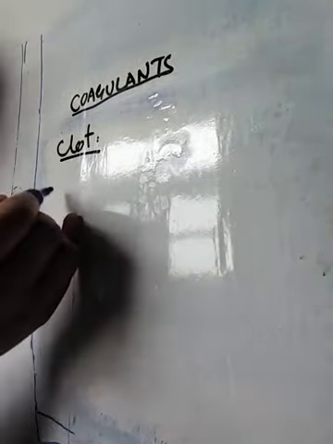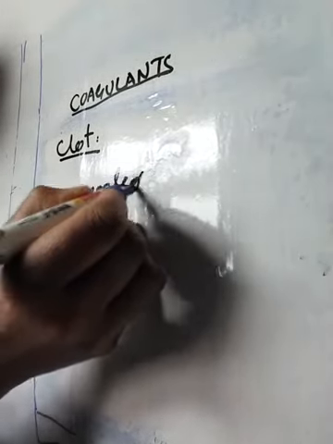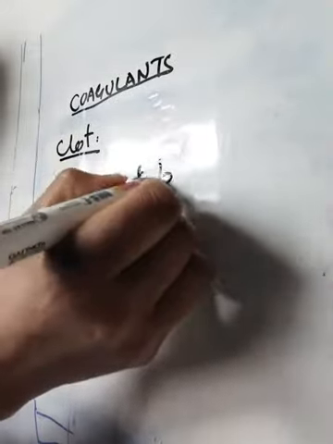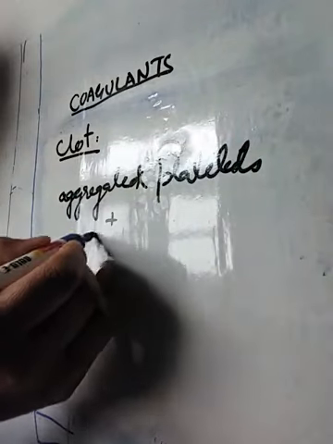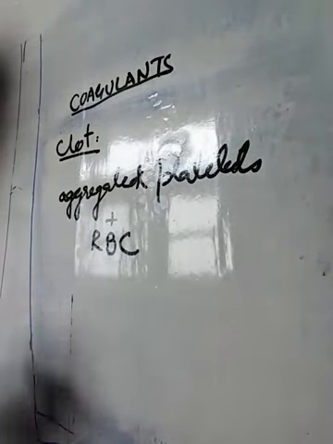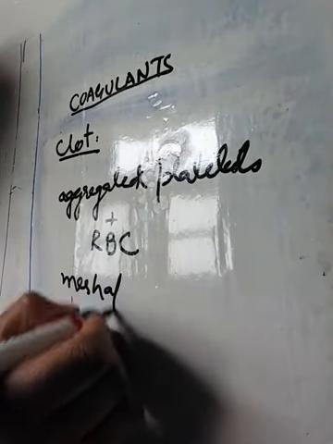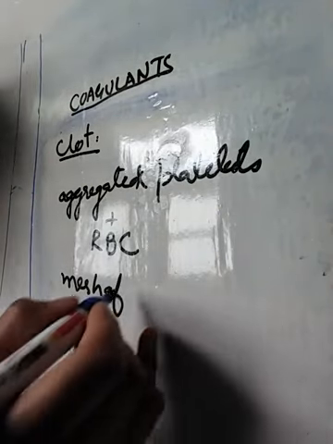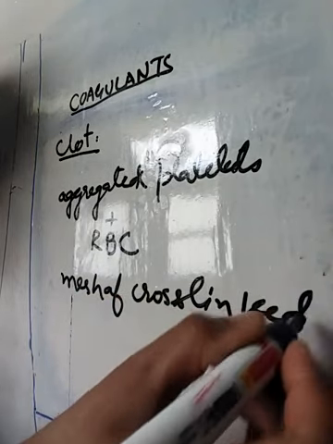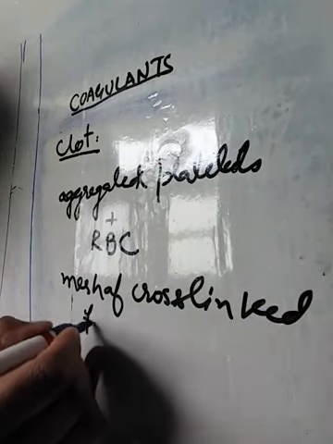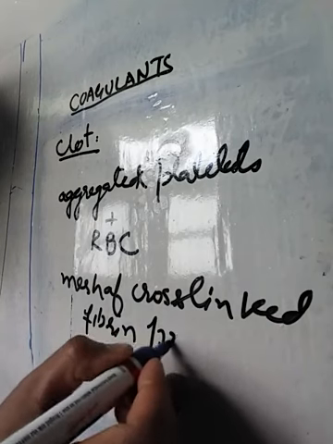Clot is the aggregated platelets plus red blood cells and mesh of cross-linked fibrin protein.